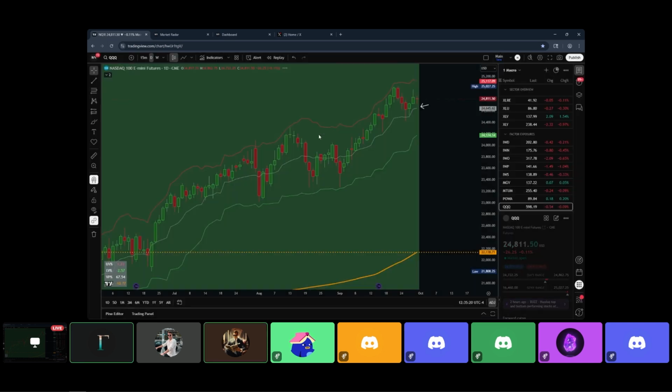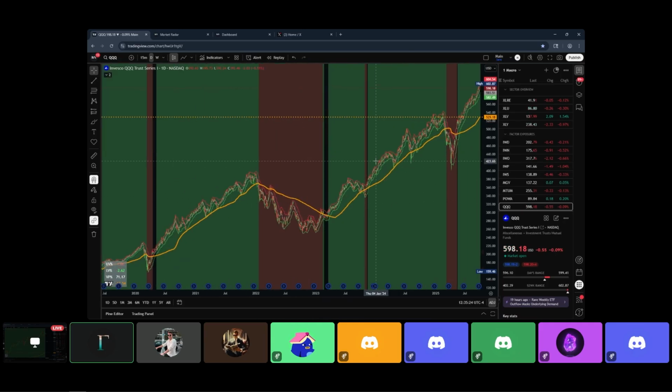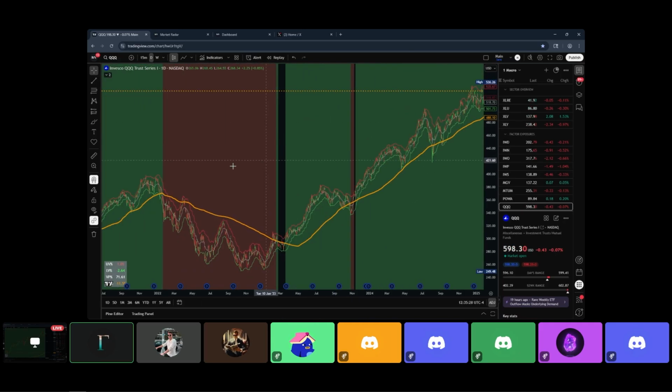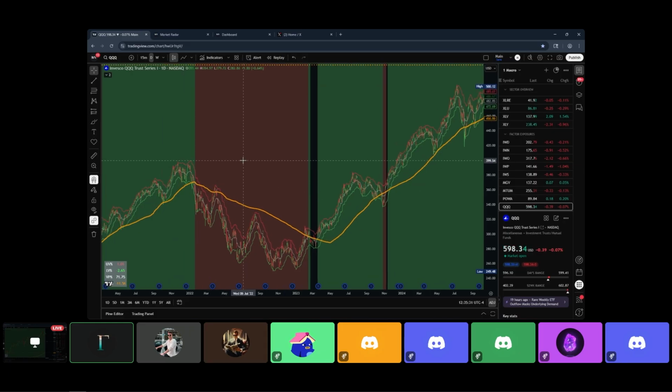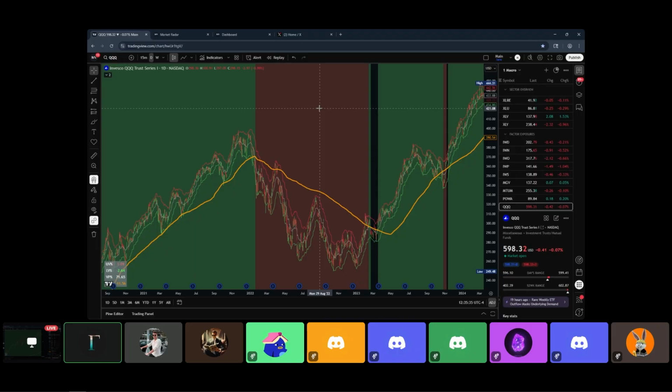Well, there's two things. If we just take a look at the Nasdaq, this is our trend model, right? The way our model works is two ways. For us to be long the Nasdaq, we have to be in a risk on regime and not in a bearish trend. So if we're in a risk on regime and the trend goes bearish, we close our leveraged longs.